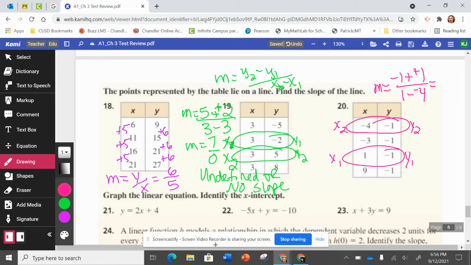Add the opposite. Negative 1 plus 1 is 0. Add the opposite. 1 plus 4 is 5. 0 over 5 is 0. So this is another one of our special slopes, which is 0 slope. Remember, 0 slope and no slope are two different things.